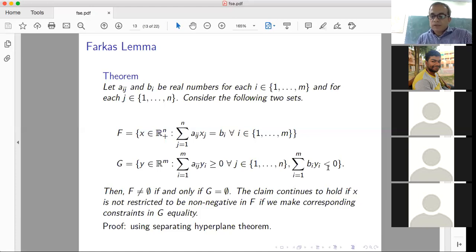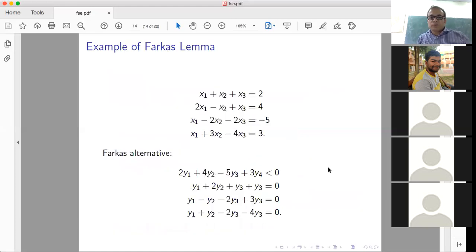Okay, so here is an example just to get a sense of what we are talking about. Here is a system with 3 variables and 4 constraints. So this is my F and this is my G. This G is also called the Farkas alternative. The first one is the strict inequality.